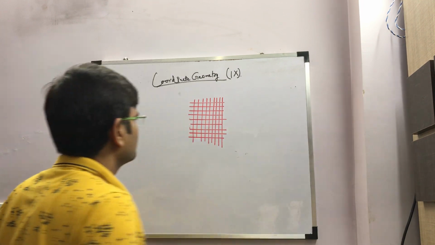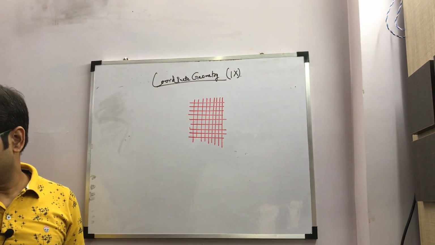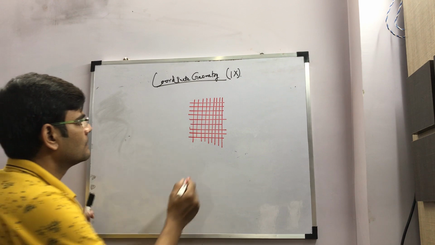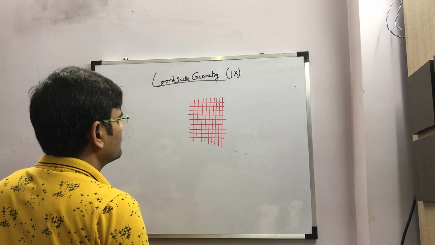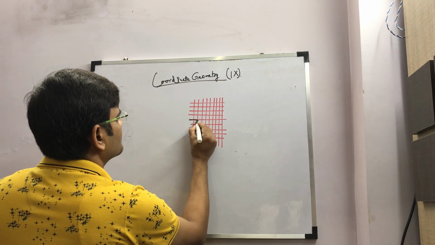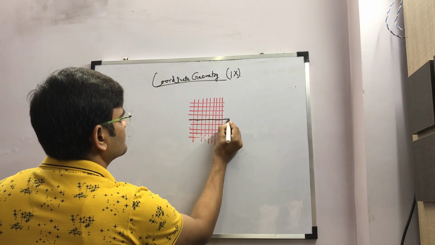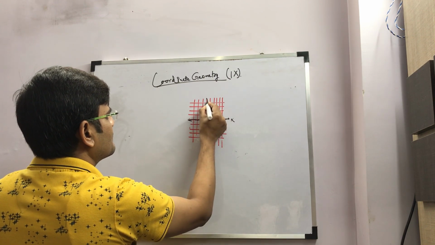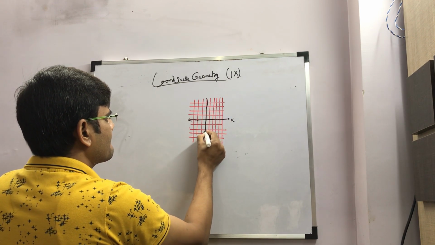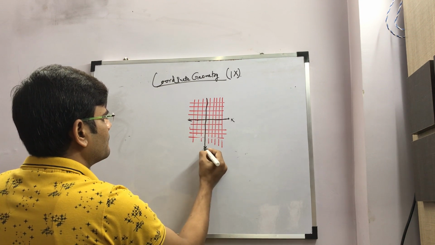I think this much is enough for you to explain. I'll use a black pen now. See, say this line is considered as x-axis, x, and this one as y.